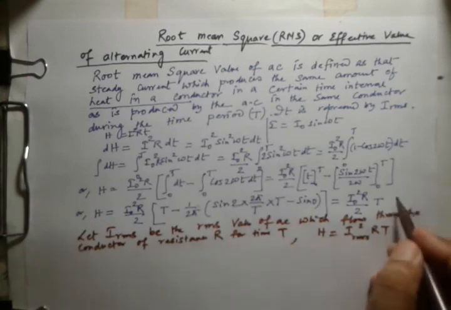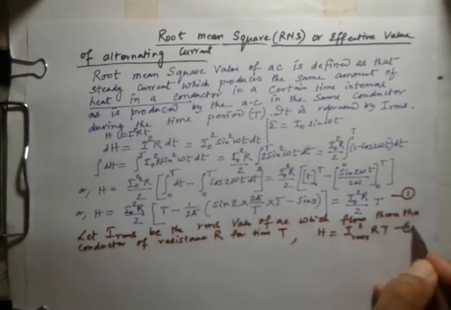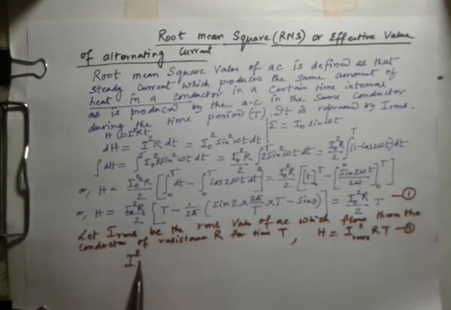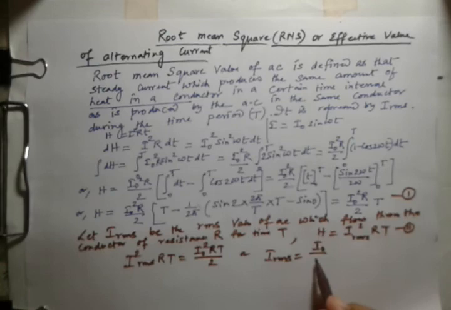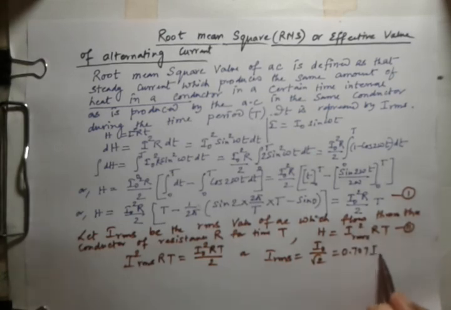So now this equation is equation number 1, this is equation number 2. So you can equate this one. You can write I square RMS RT will be equal to I naught square RT by 2, or you can get I RMS is equal to I naught by root 2, or 0.707 I naught.